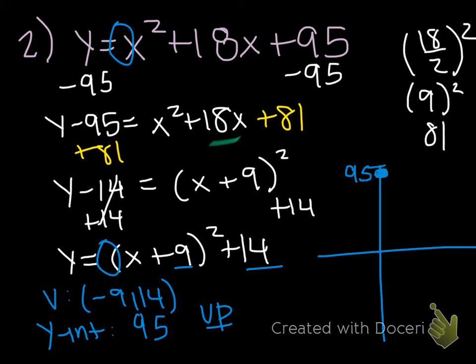I'm going to say that my vertex is at negative 9, 14, which will be somewhere there. Again, just a very rough estimate. And if I were to reflect that y-intercept over, there would be a rough sketch of this picture. This quadratic would have complex solutions because it's not crossing the x-axis.